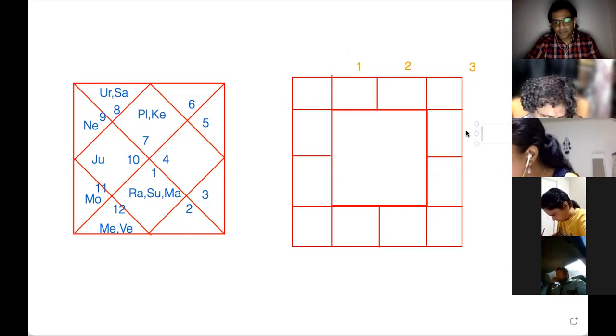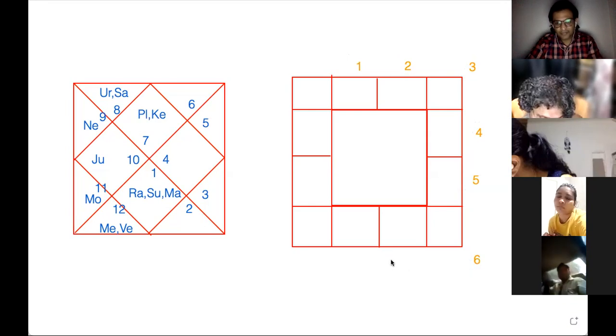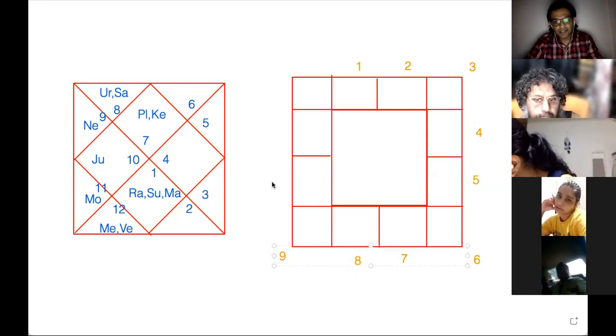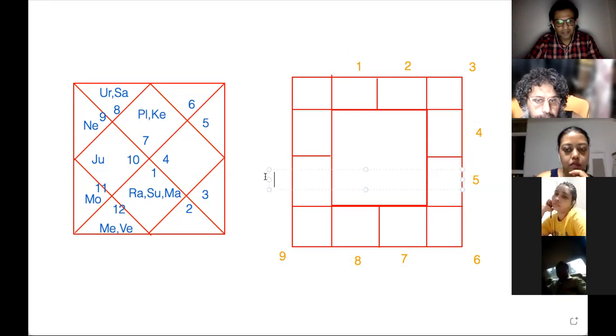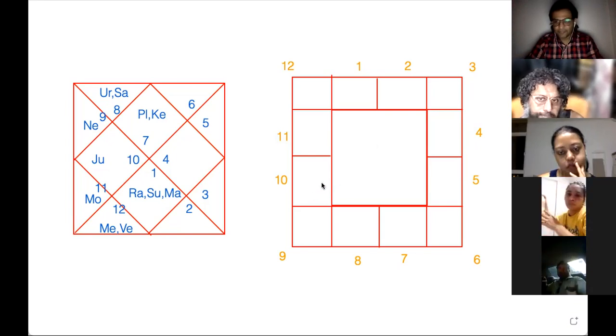This box is always the fourth Rashi. This box is always the fifth Rashi. Sixth Rashi. And we have to go clockwise. That is another difference. Seventh Rashi, eighth Rashi, ninth Rashi, 10th Rashi, 11th Rashi, and 12th Rashi. This is how the boxes always will be for everyone.